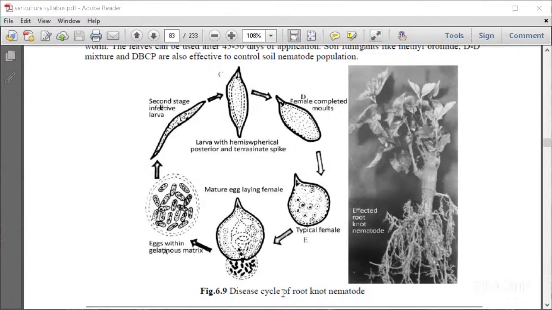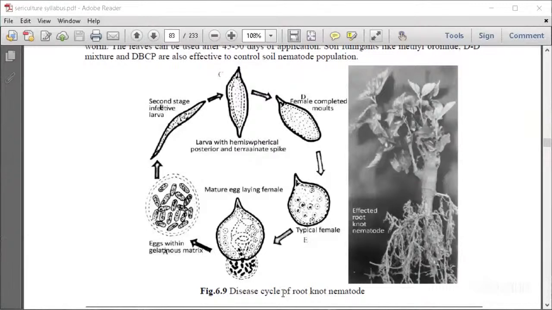How to control this disease? It can be controlled by deep ploughing or digging of the infected garden during the summer to expose nematode eggs and larvae to direct sun. Further, mulching and application of green manures, compost and oil cakes are to be used to control the infestation.